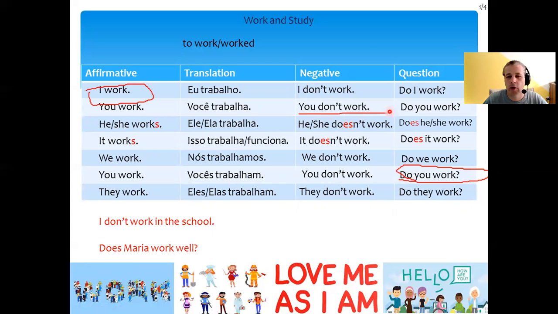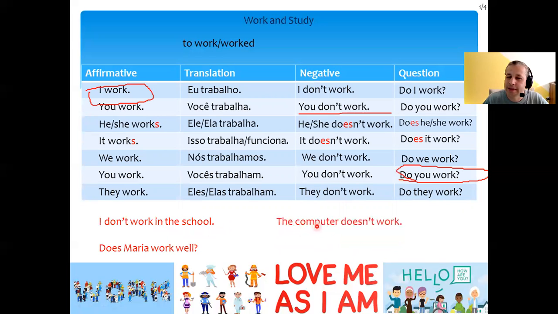You don't work well. Eles não trabalham bem. They don't work well. Eles não trabalham bem na escola. They don't work well in the school. Okay? So put the words together. Põe as frases juntas, as palavras juntas.